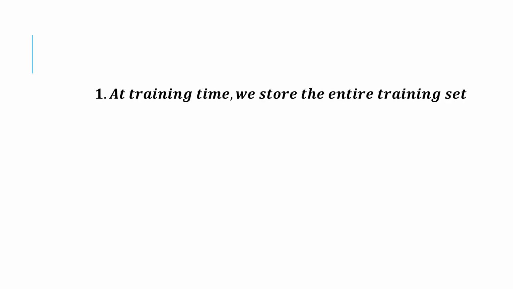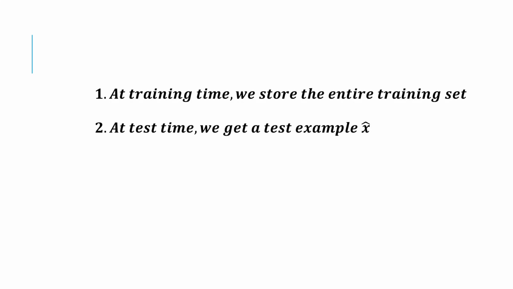Compared to the decision trees algorithm, the nearest neighbor algorithm is ridiculously simple. At training time, we store the entire training set, and then at test time, we get a test example, say x hat. So this is our test example, and this is our test point where we have to come up with a y hat, or our prediction.